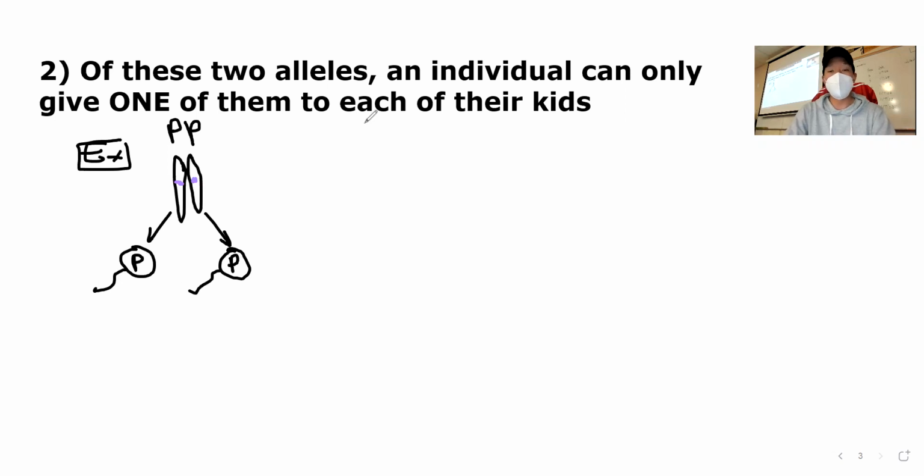Okay? In the same way, if an individual is heterozygous, sorry, you haven't actually heard that word yet, so I shouldn't use that. If the individual is big P, little p, right? One's purple and one's white. It can give their kids one or the other, but never ever both.